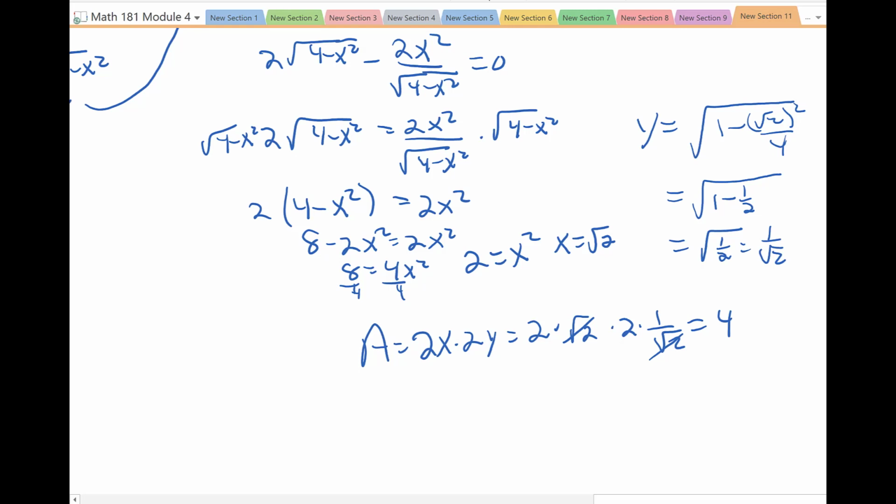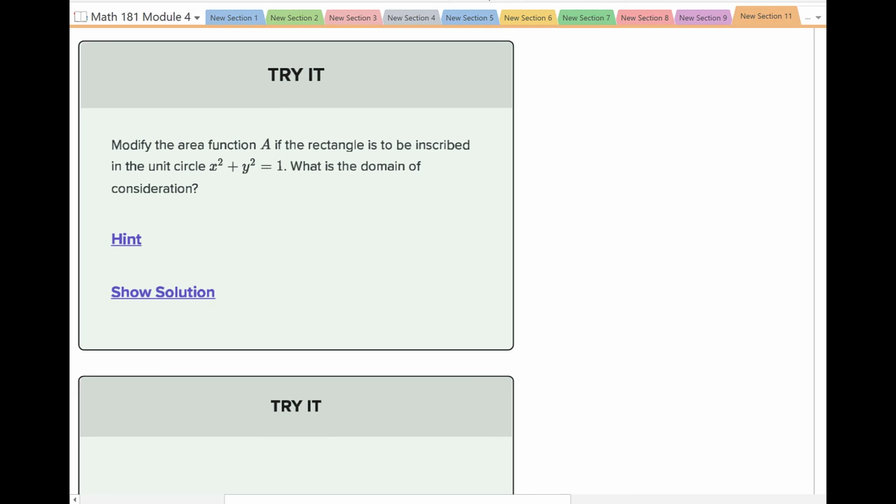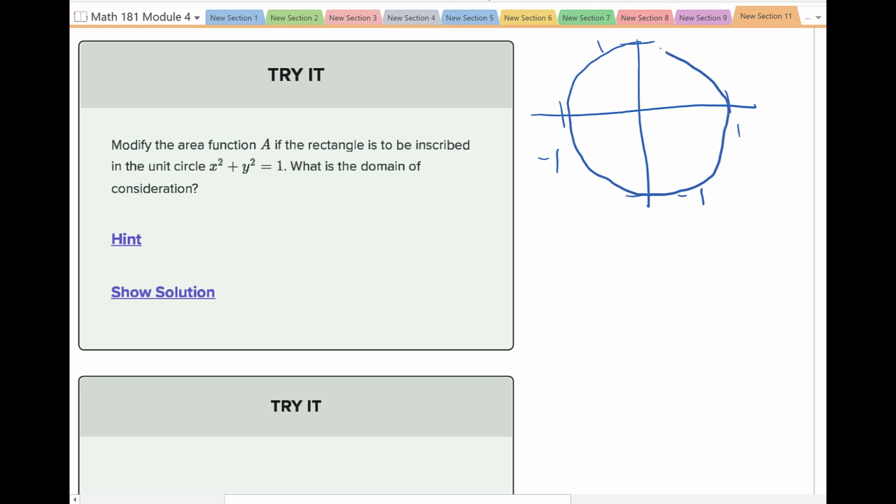Next one is very similar. It's one of the green ones. It says modify the function A in the rectangle to be inscribed in the circle x squared plus y squared equals 1. So we'd have the circle, not drawn perfectly, but let's make that there.